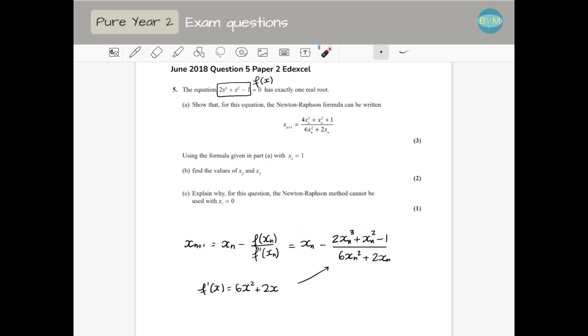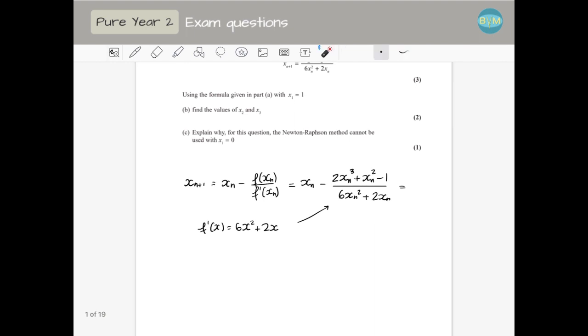And now I'm just going to subtract. 6x_n squared times x_n is 6x_n cubed, minus 2 is 4, so I have 4x_n cubed.